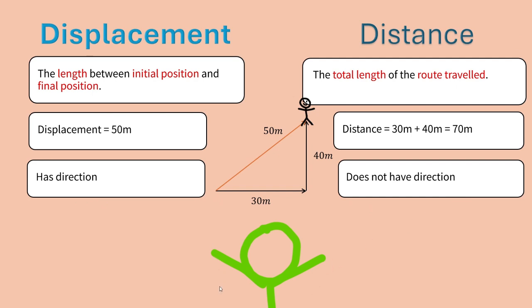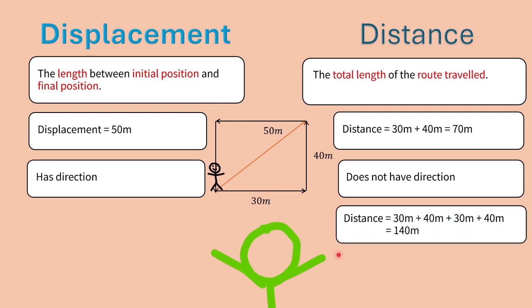If you are unclear about that, let me show you another example. Let's say you walk back to your initial position according to this rule. So your distance traveled would be 30 meters plus 40 meters plus 30 meters plus another 40 meters, which is equal to 140 meters.